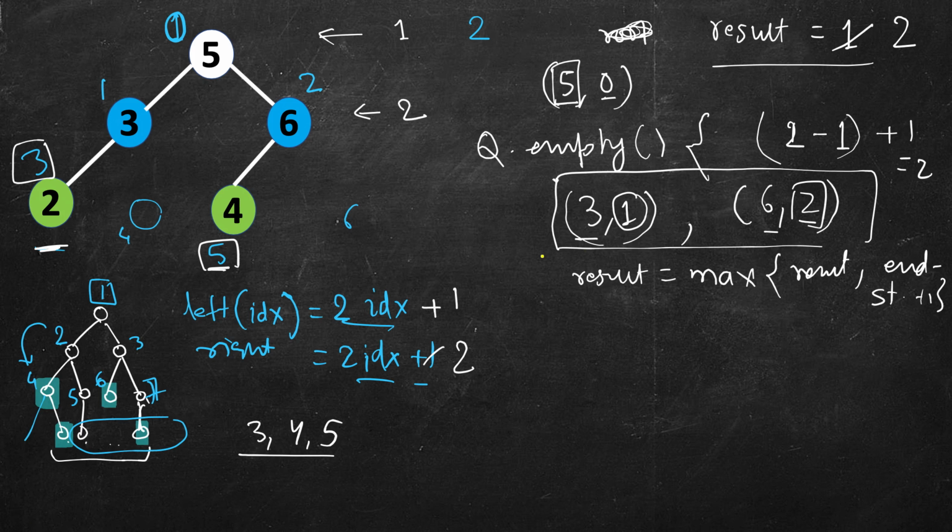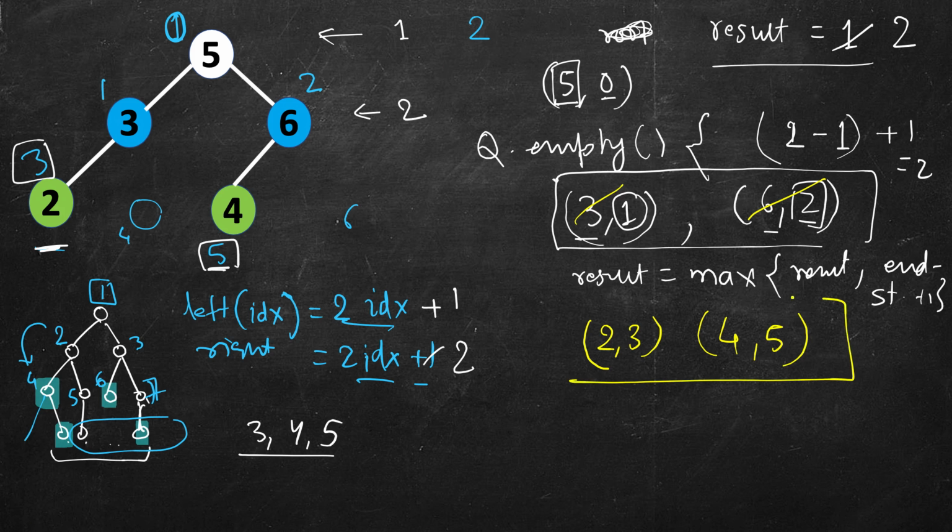Next, again it's not empty, it will pop 3 and insert its left, that is 2 with an index of 3. Its right is empty, so it will not insert it. Next it will pop 6 and its child is 4 with an index of 5. Right is empty, so it will not insert.